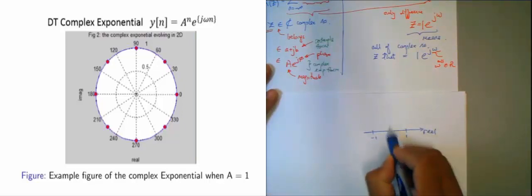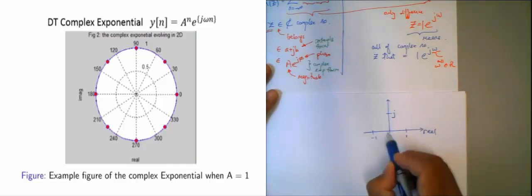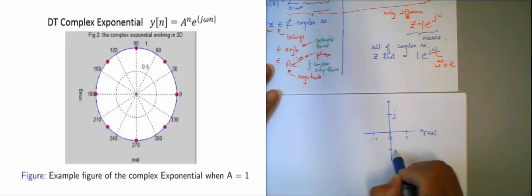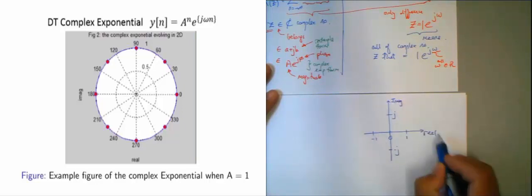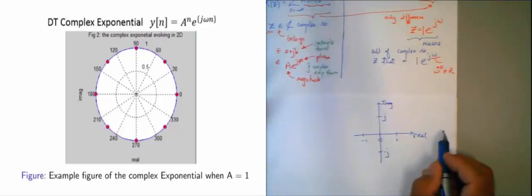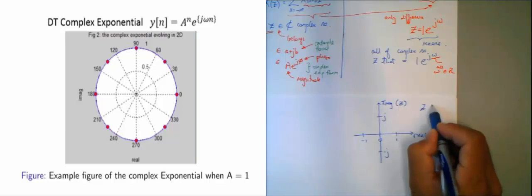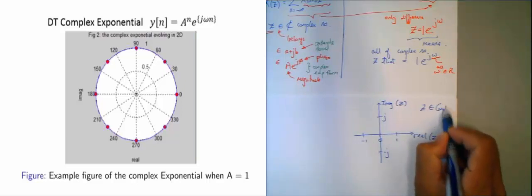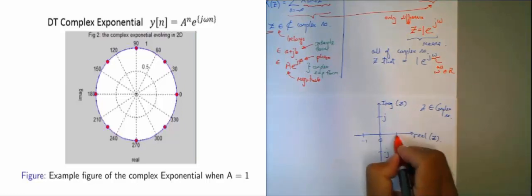Now I will draw the imaginary line, and this is the point j, and this is the point minus j. Normally we say the real part of z, the imaginary part of z, and we say that z is the complex number. Okay? And now I'm going to draw the circle for you.